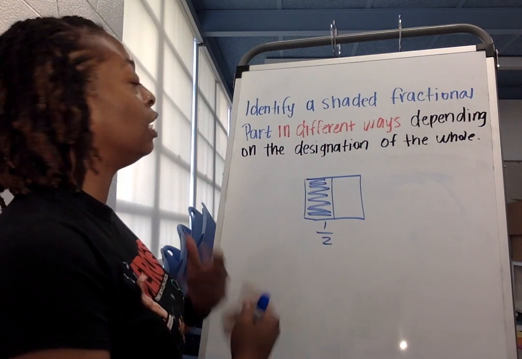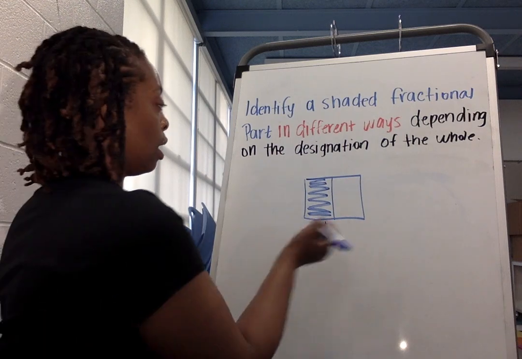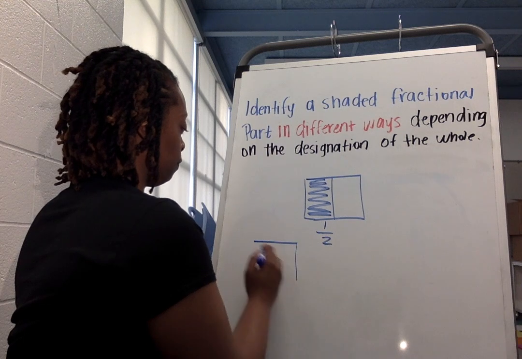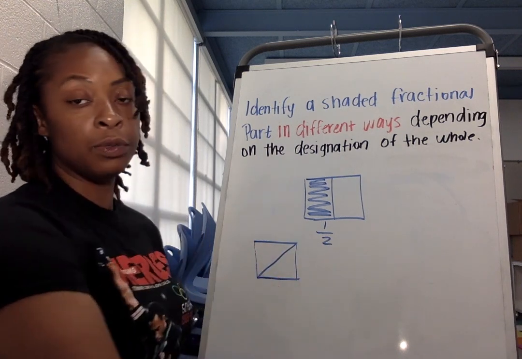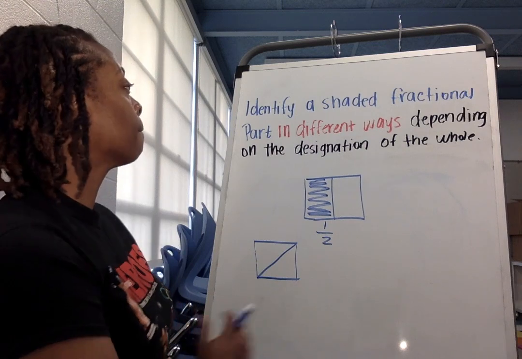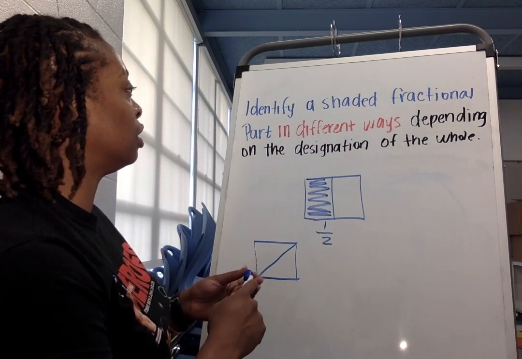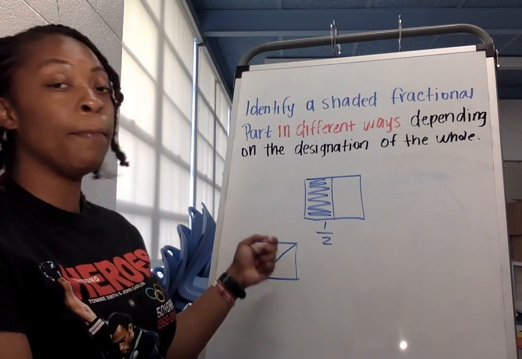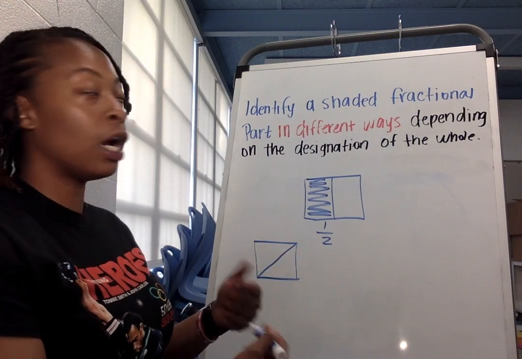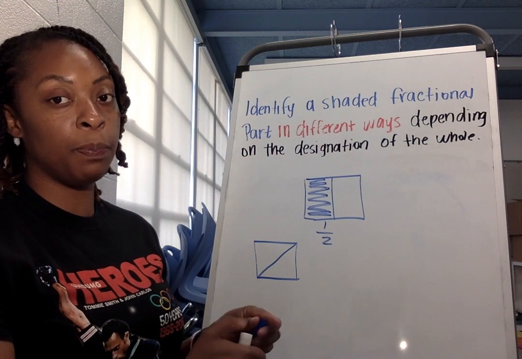Then it says in different ways. So I could also have a square here divided into halves, but I do it diagonally. So that's what the different ways means. Depending on the designation of the whole, so depending on how the shape is partitioned will determine how you identify each part.